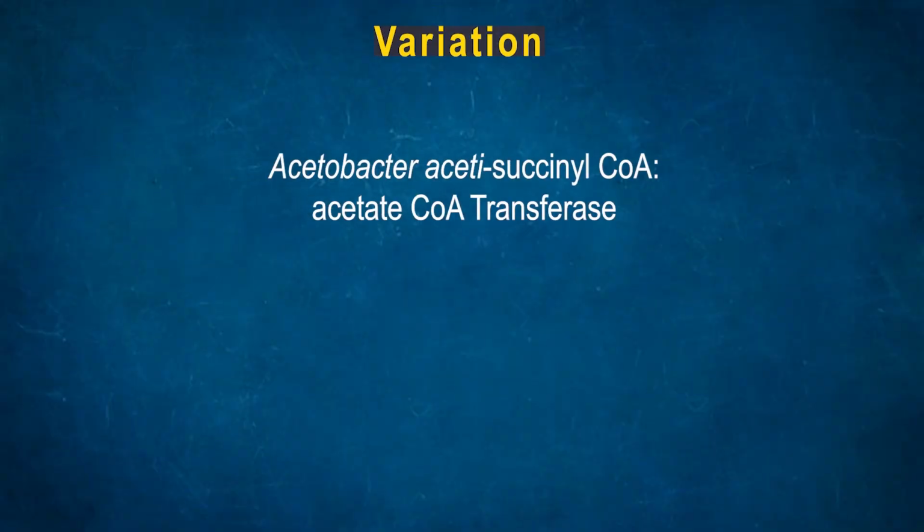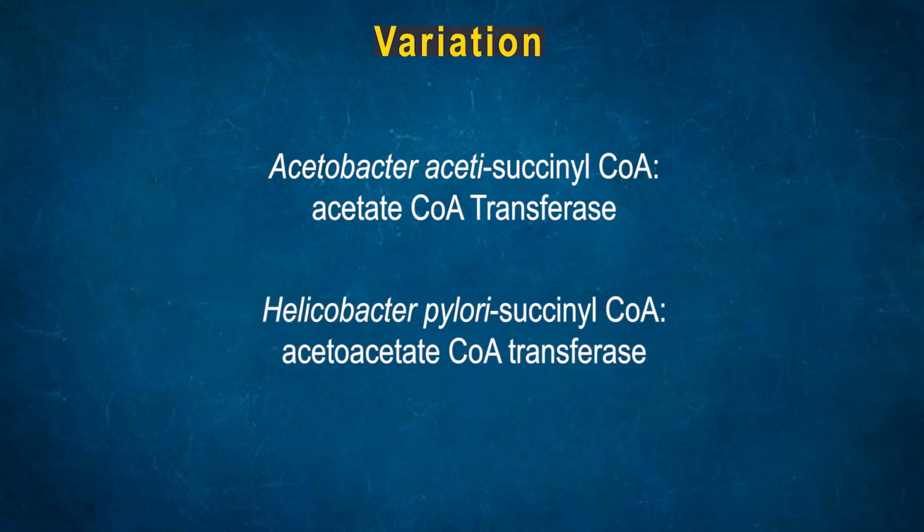Some of the enzymes are varied in different archaebacteria like Acetobacter aceti. In place of the isocitrate to alpha-ketoglutarate conversion enzyme, here succinyl-CoA to acetate-CoA transferase is used, and in Helicobacter pylori, the enzyme used is succinyl-CoA to acetoacetate-CoA transferase.